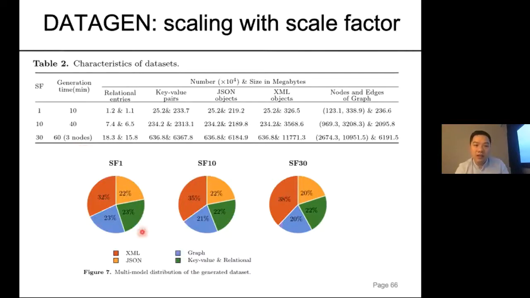And the data generation is deterministic, meaning that the size of generated data sets with a specific scale factor is always the same. In addition, as shown in figure 7, the percentage of the data size of each model has a stable distribution across different scale factors.